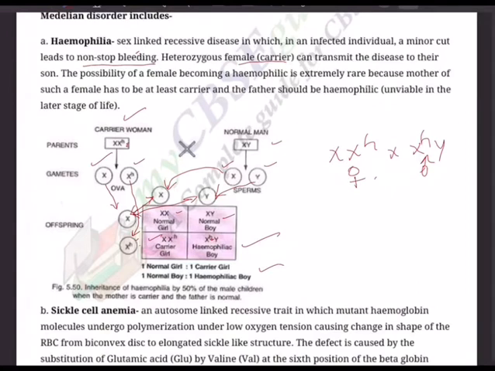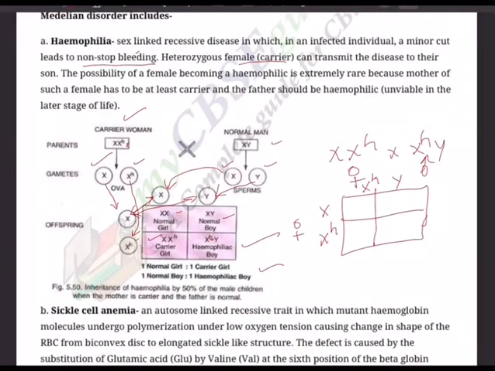Now when you put the checkerboard, Punnett square method, one is X, another is XH from the female side, the mother side. She is a carrier. From the father side, it is XH because he is hemophilic, and another is the Y chromosome.